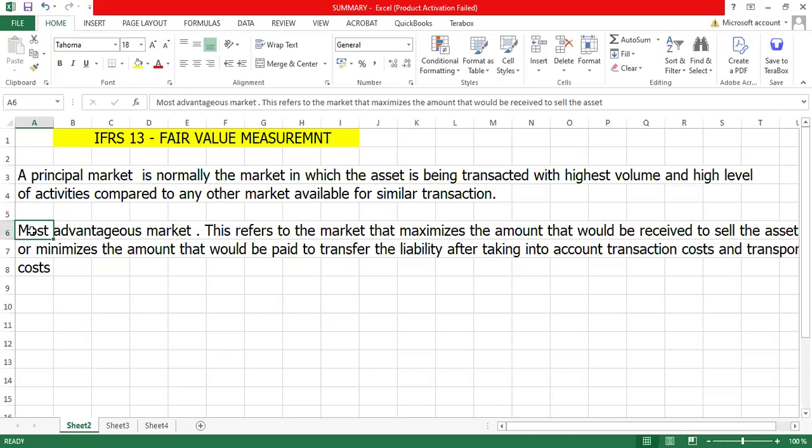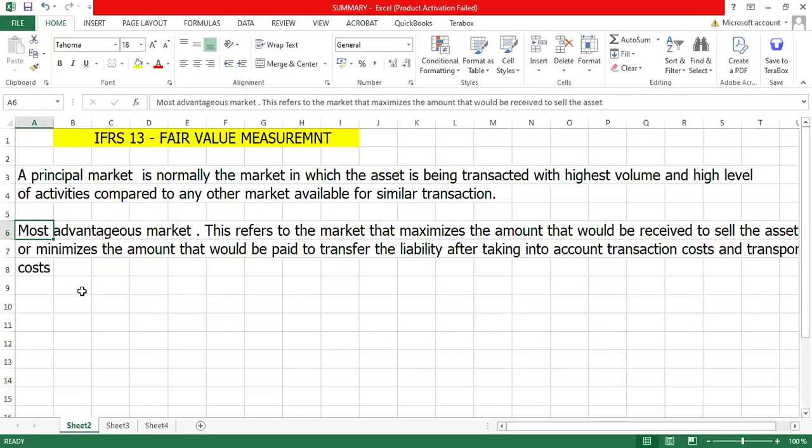What will be your transport costs? So you look at the money you're going to receive, then minus those transaction costs and transport costs as you determine your most advantageous market.